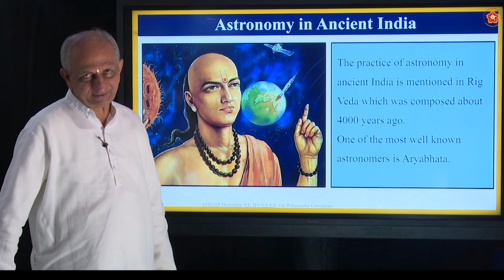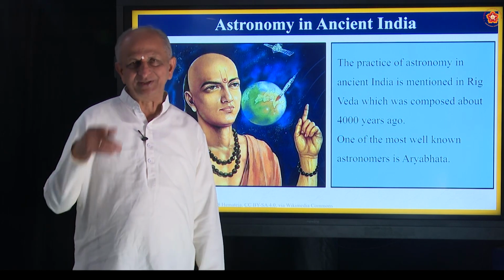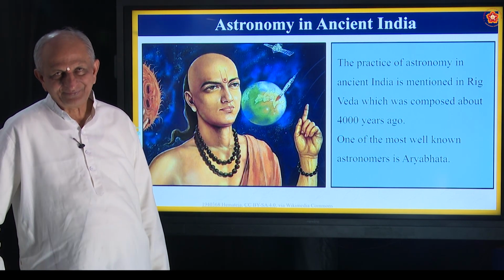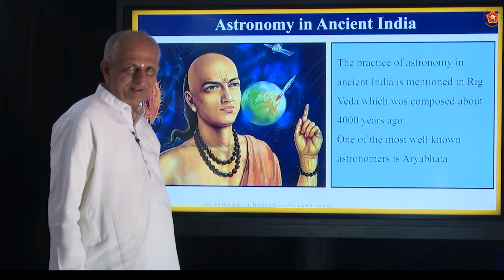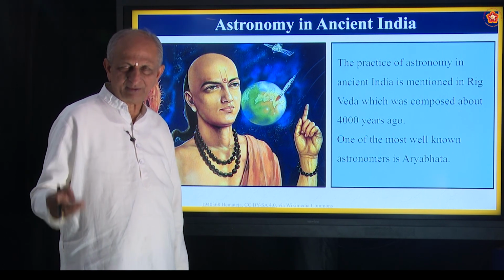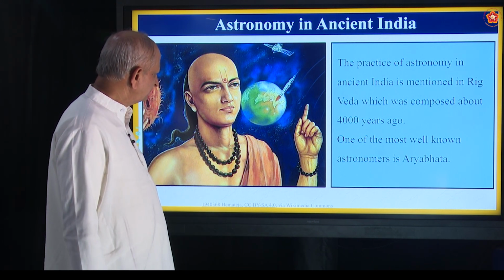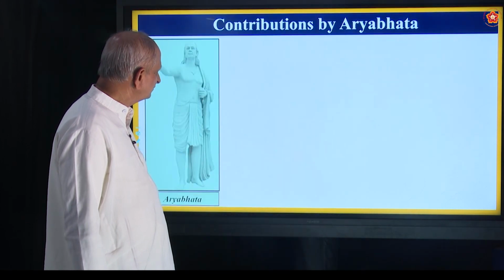So in those days, about 4000 years ago, even earlier actually, nobody knows the exact date, what you call Vedic times. In Vedic times, we have Vedas, Upanishads, Brahma Sutras, and all. So at that time only, they knew many things about astronomy.